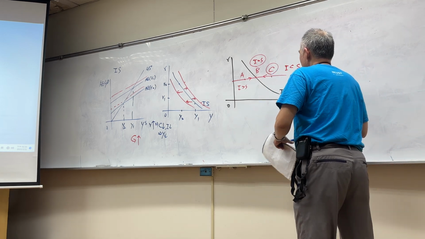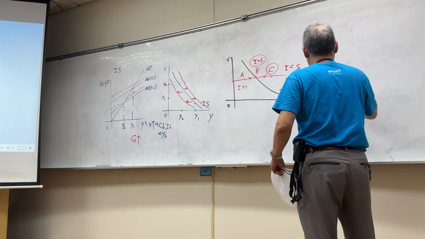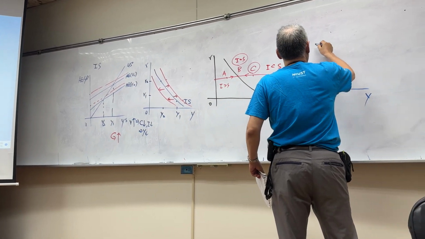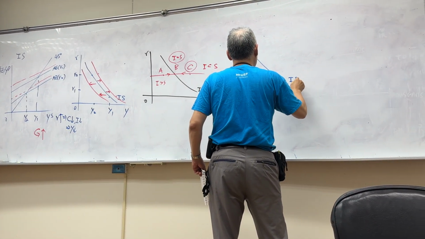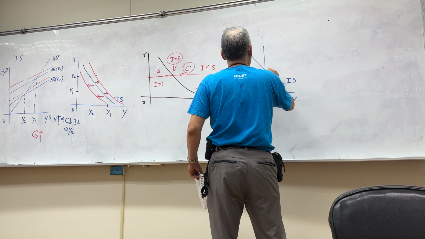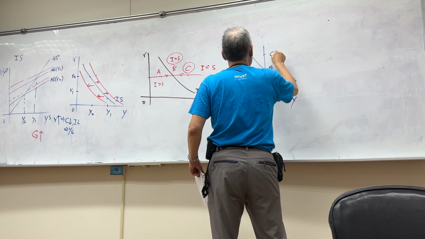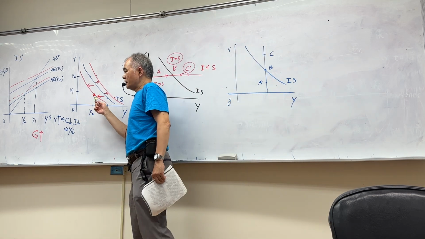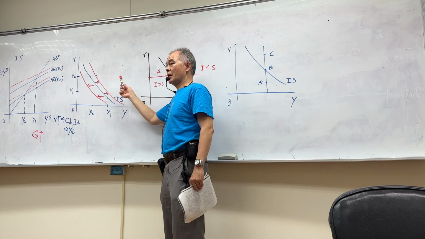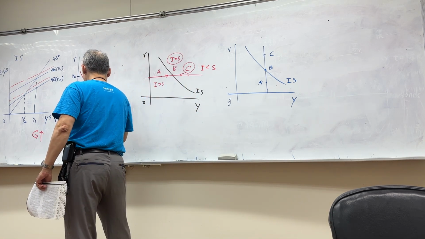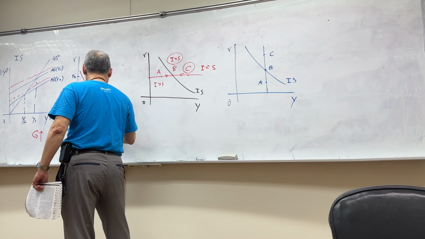Okay, another one. Again, on the IS curve, you have A, B, and C. By the way, if the IS curve shifts to the right, what happens?